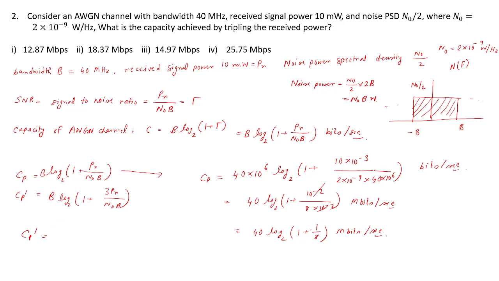You can see that only this term is dependent on received power, which now becomes 3 times. So CP dash is 40 log base 2 of (1 plus 3 times 1 by 8).